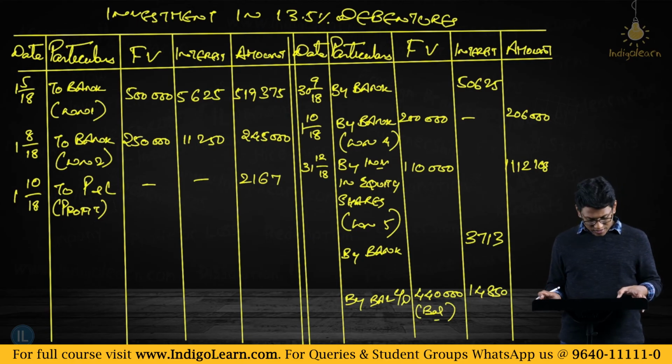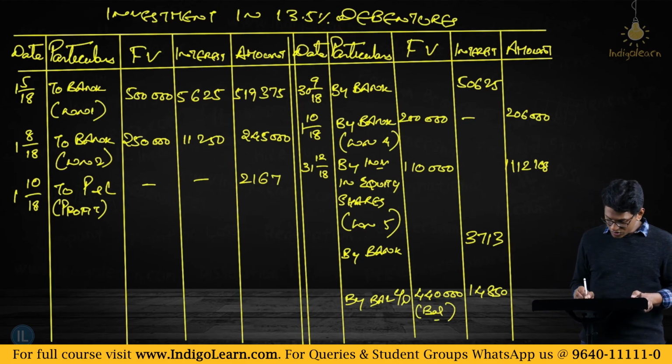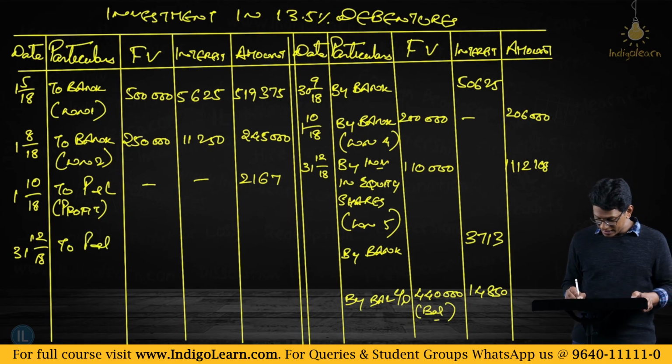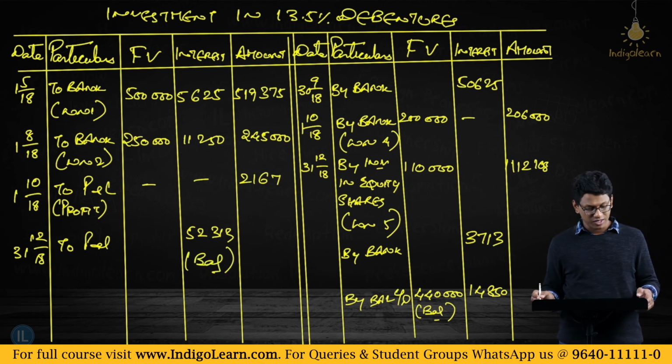50,625 plus 3,713 plus 14,850 minus 5,625 minus 11,250. So on 31st of December, I will write to P&L in the interest column 52,313, balancing figure.